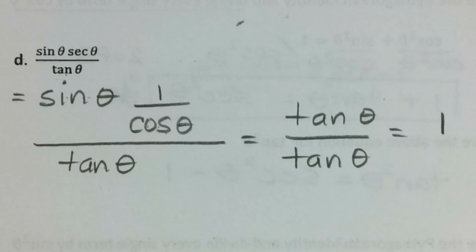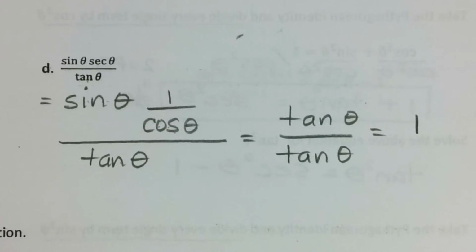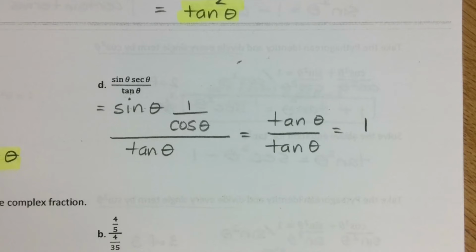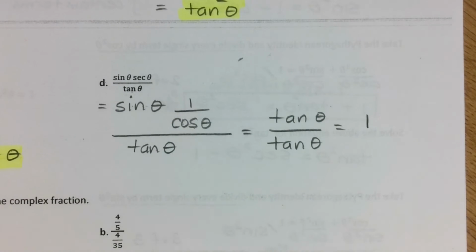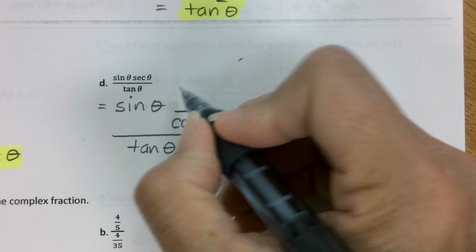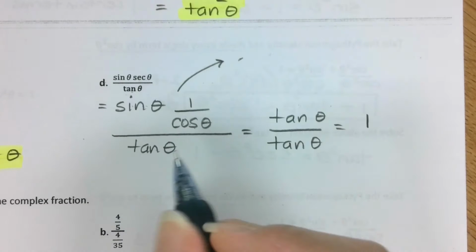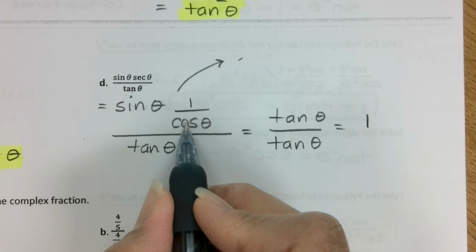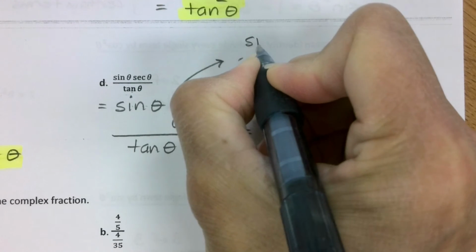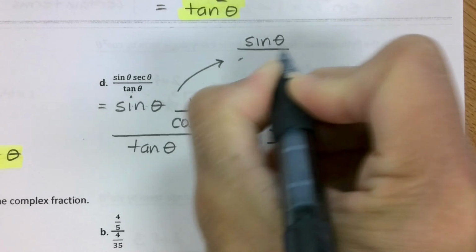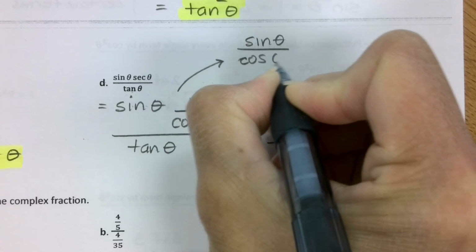Now, some students prefer breaking everything down, and you can. Notice that it will be the same answer. Look at another option. From here, you could have done: well, I know this is sine times 1 over cosine, which is going to end up being sine theta over cosine theta.